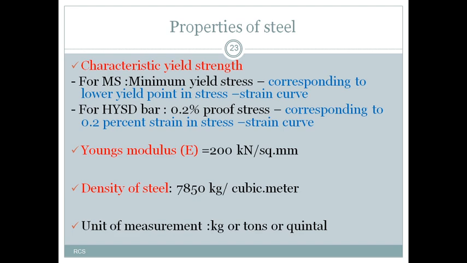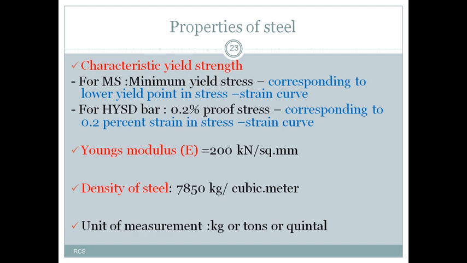The properties of reinforcing steel. The first one is characteristic yield strength. The characteristic yield strength of a mild steel bar or Fe250 grade steel can be determined with respect to the minimum yield stress. This minimum yield stress corresponds to the lower yield point in the stress strain curve of mild steel.